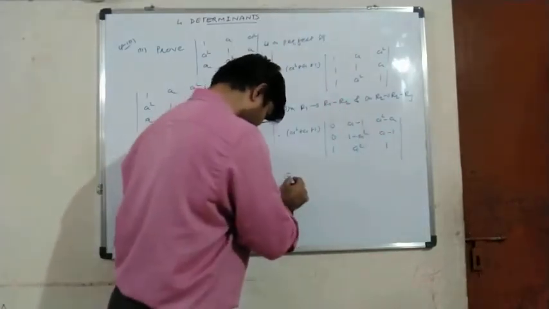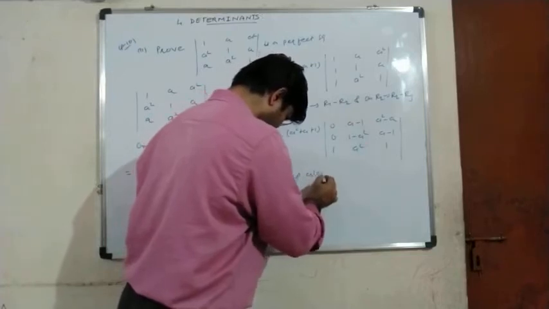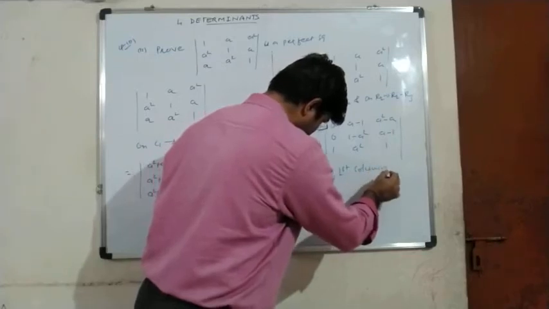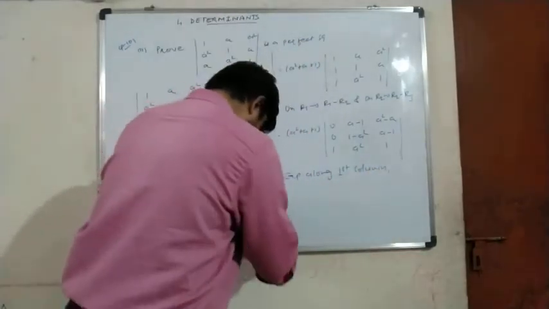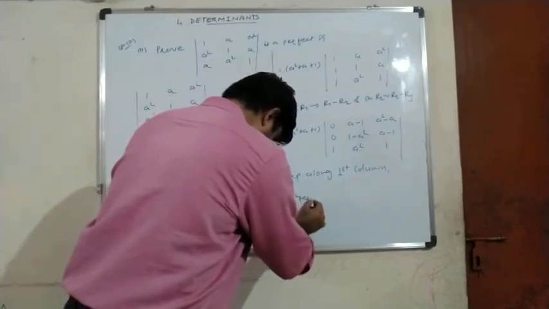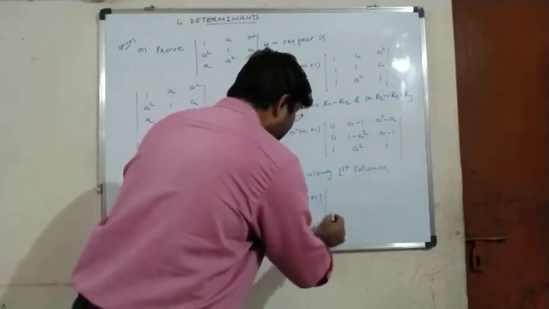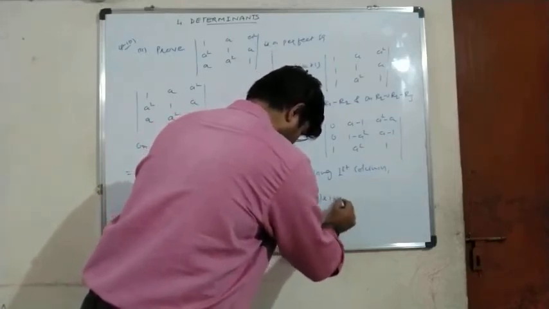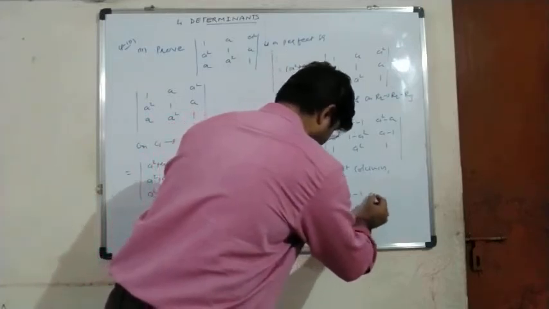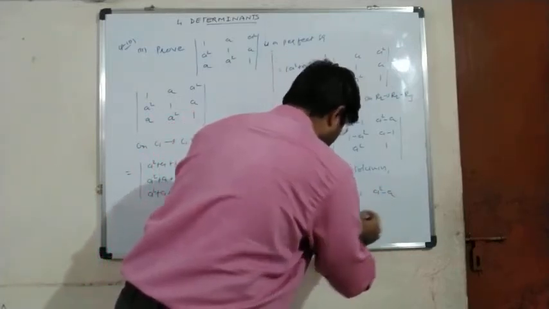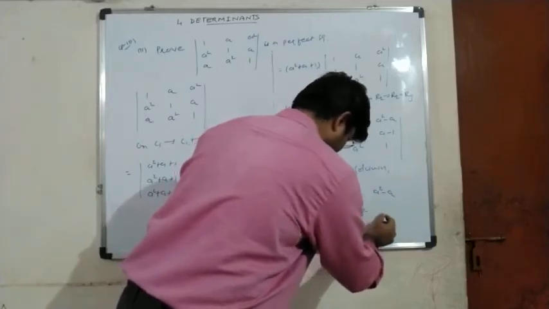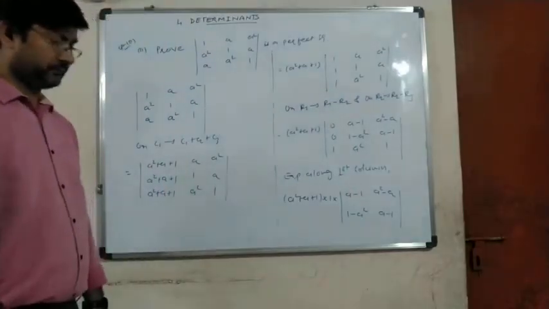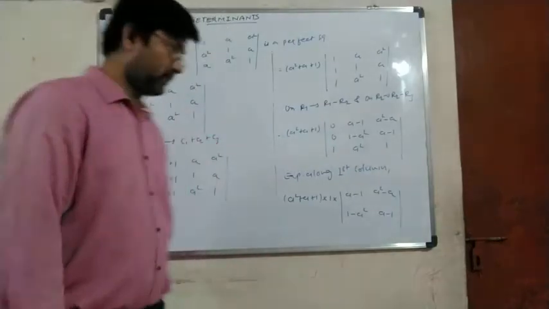Okay, now we will expand along the first column. So we will get over here a square plus a plus 1 into 1 into a minus 1, a square minus a, 1 minus a square and a minus 1. Now we will further simplify this 2 by 2 determinant to get the final answer.